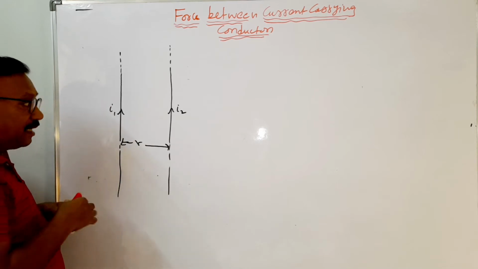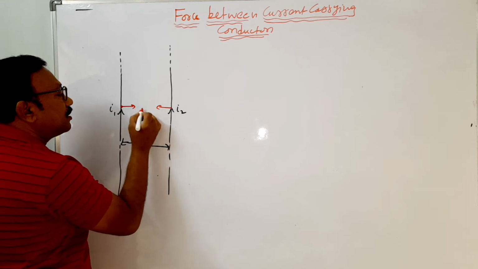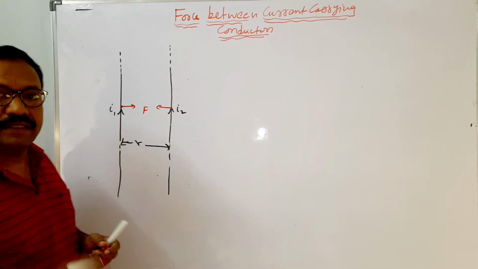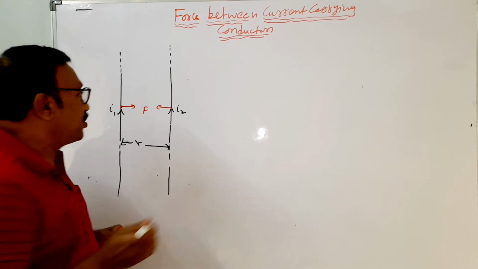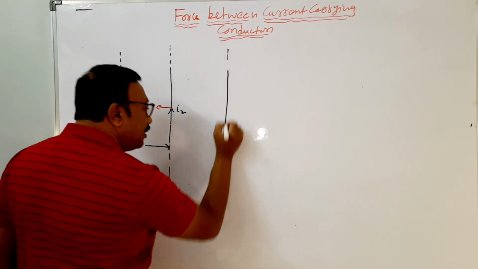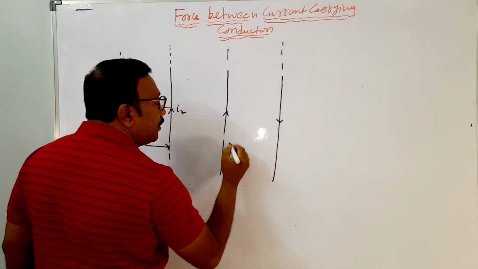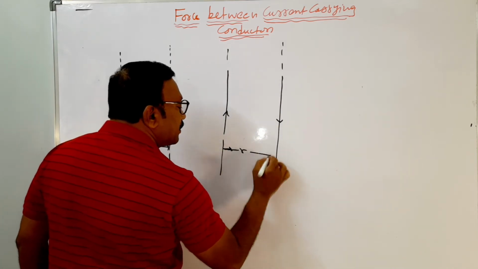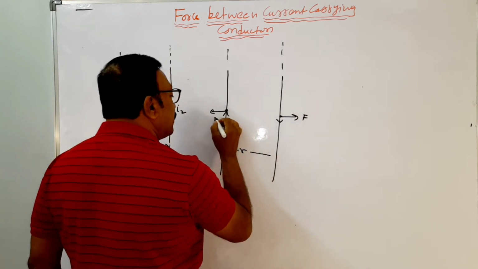And I said that these two conductors are attracting each other. If the currents are in opposite direction, separated by distance r, these two are found to be repelling each other.